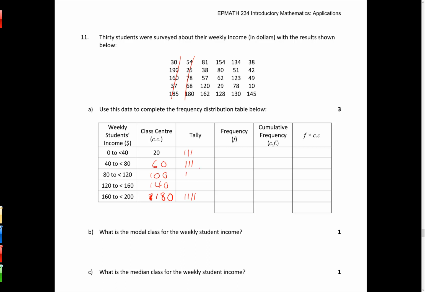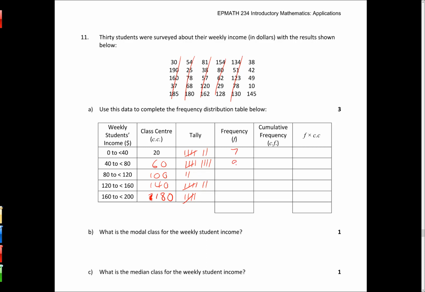81, 38, 57, 120, 162, 154, 80, 62, 29, 128, 134, 51, 123, 78, 130, 38, 42, 49, 10, 1, 4, 5.